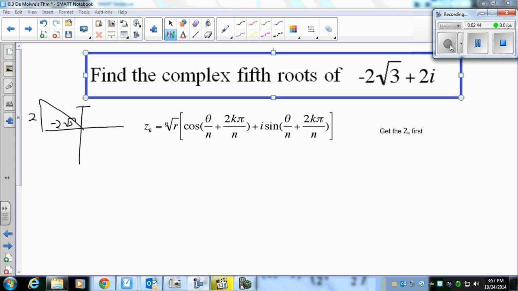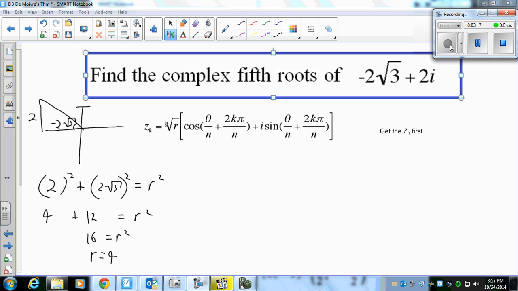Then I need to find my theta and my radius. My radius is going to be 2 squared plus 2 square roots of 3 squared, which is equal to r squared. So I get 4 plus 4 times 3, which is 12, and so 16 is equal to r squared. So r is equal to 4.